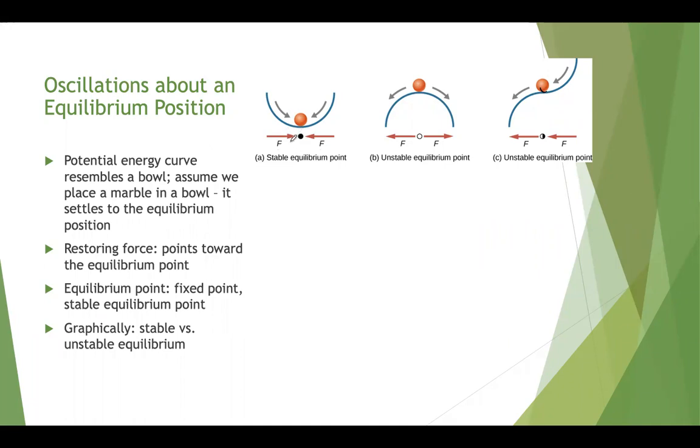So at the stable one, the forces are pointing towards each other at this equilibrium point. In this unstable one, we have the forces pointing away from the equilibrium point because it's unstable. For this other one, we have one pointing towards this equilibrium point and one pointing away. So overall, it's again unstable.